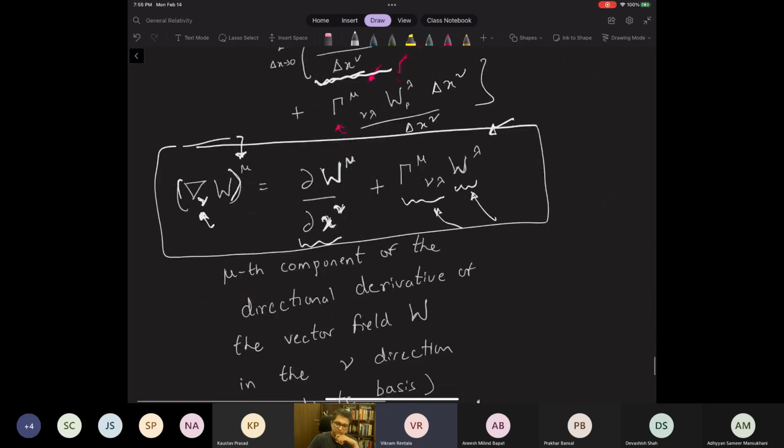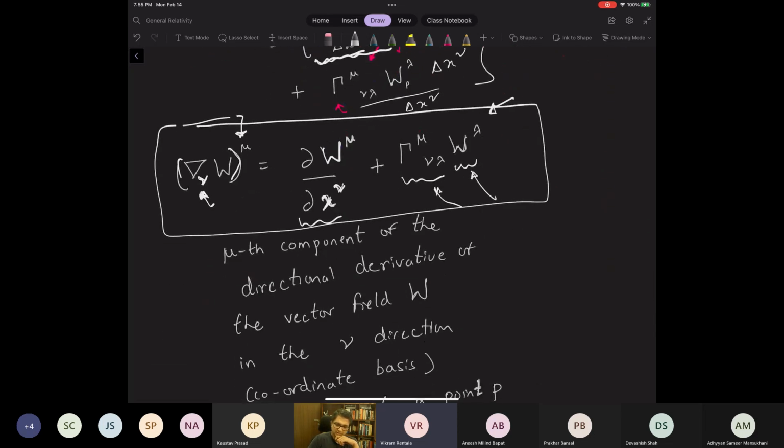The way to read this is the muth component of the directional derivative of the vector field W. There's a vector field W, and I parallelly transport the vector from here to here, again WQ prime. I take the difference between these two and divide by epsilon, which is the displacement, in the nu direction.